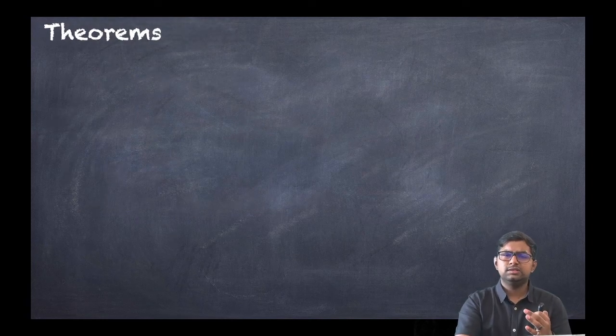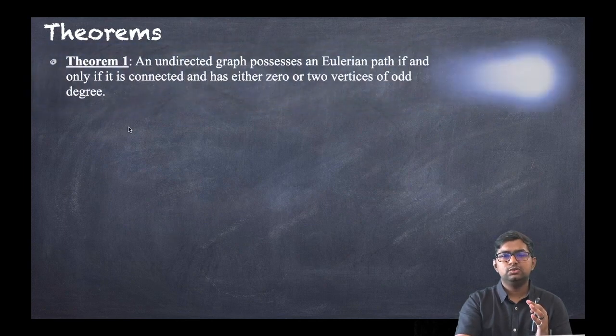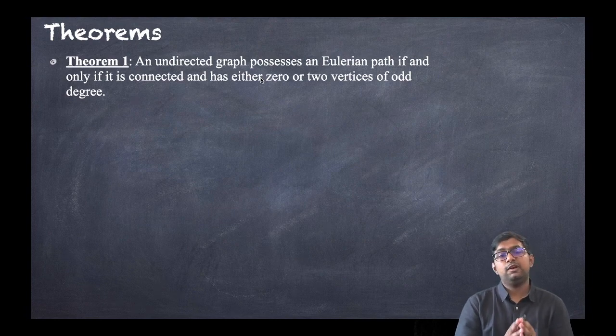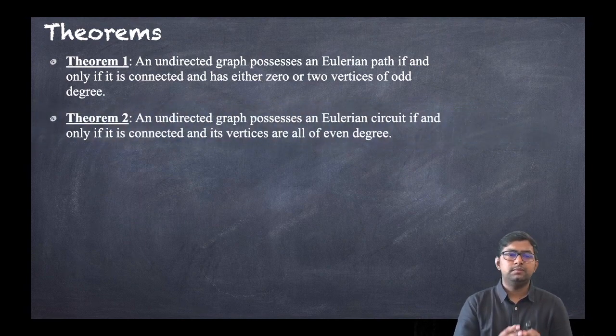So let us discuss some of the important theorems. The first theorem: an undirected graph, that means directionless, possesses an Eulerian path if and only if it is connected and has either 0 or 2 vertices of odd degree. Let us discuss the second theorem. An undirected graph possesses an Eulerian circuit.